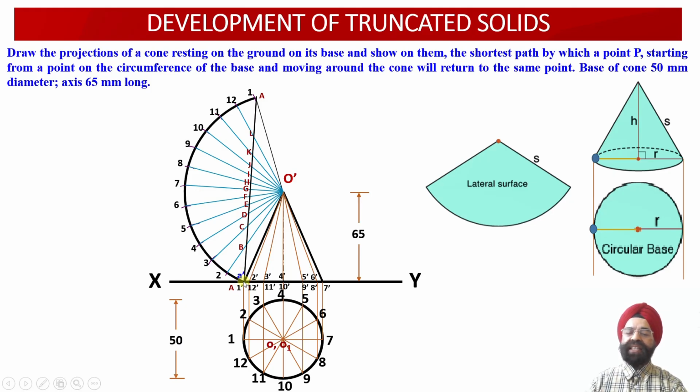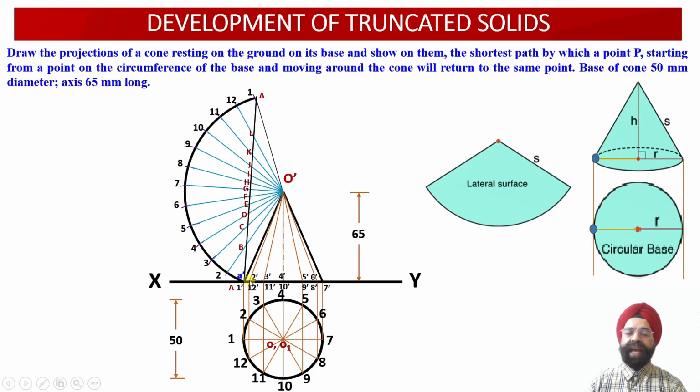That is, at this extreme point 1', coinciding with A', our string or the cutting plane intersects O'1' at the point A'. Now we can check the next two generators which are overlapping with each other. They happen to be O'2' and O'12'. This is one set of generators which are overlapping with each other.